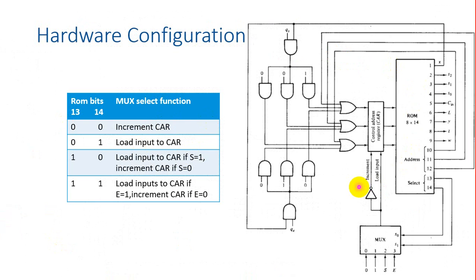What we have learned now is that we have designed the microprogram control unit for two's complement addition and subtraction. This microprogram control unit has three parts: control storage, control address register, and the sequencer. All other parts that you see are part of the sequencer.